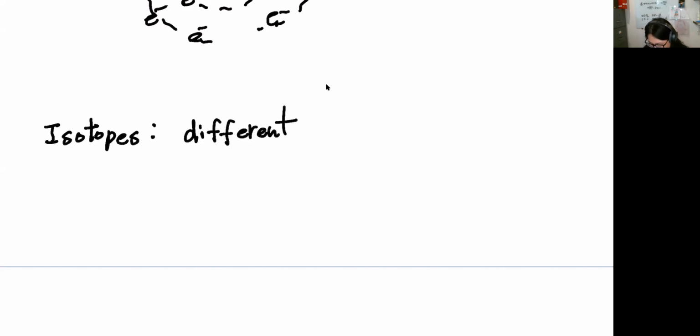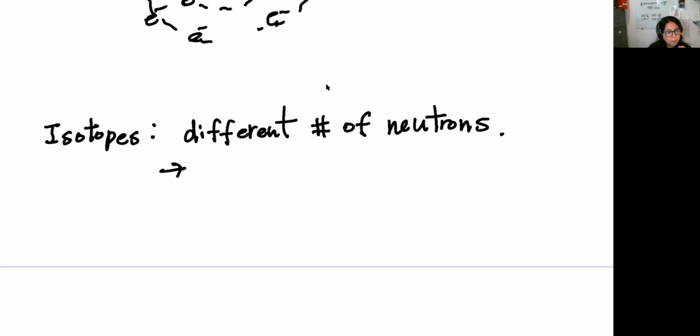So I talked about different numbers of electrons. Now I'm going to talk about different numbers of neutrons. But again, the number of protons does not change. So that means that it's the same element, right?